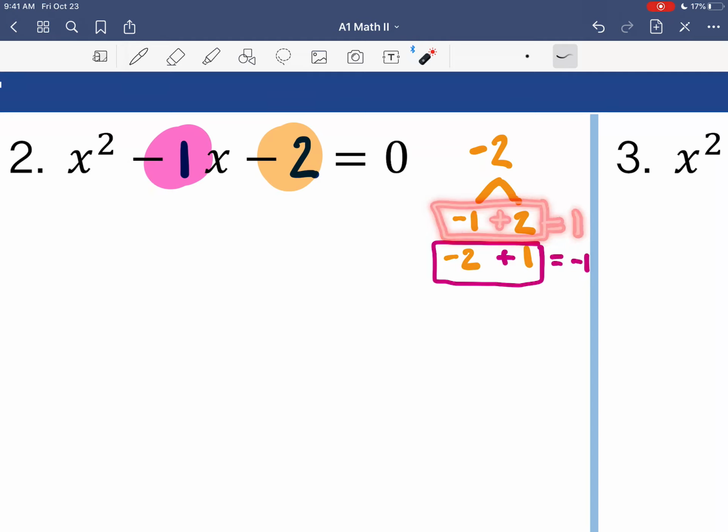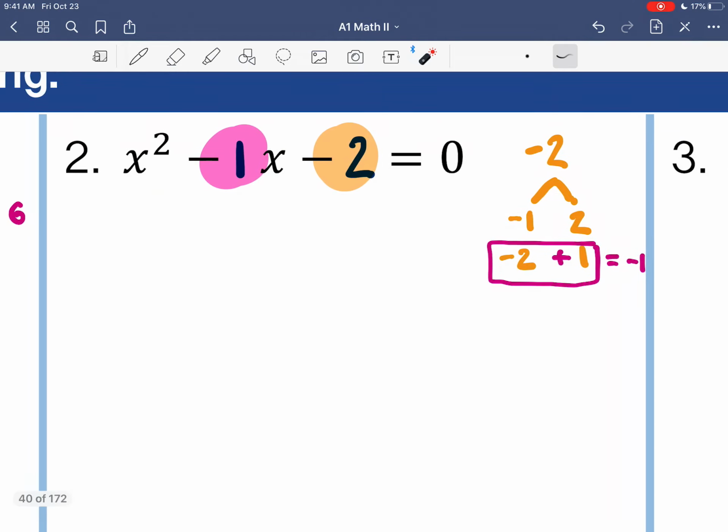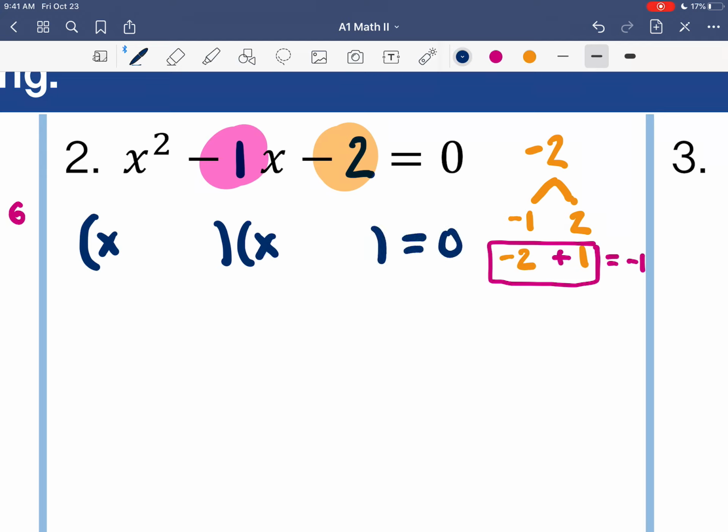We want it to be -1. So this is not the pair that we're looking for, the other one is. Careful with your negatives. The more practice you have with this stuff, the easier it will become, of course, as with everything, but just be careful. So we have -2 and +1.